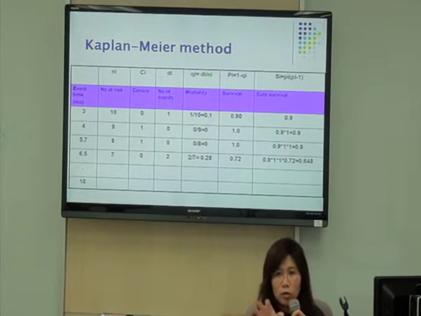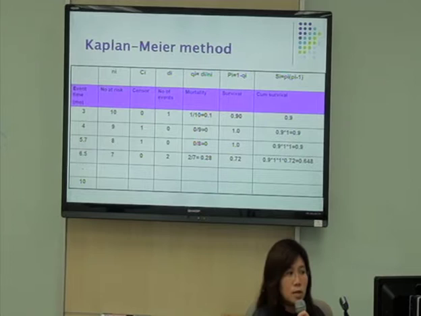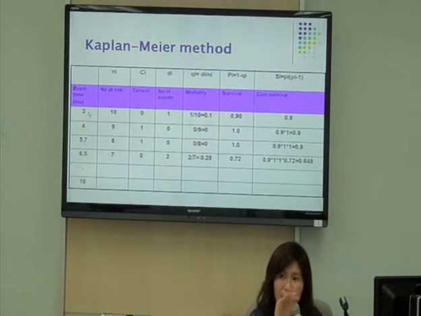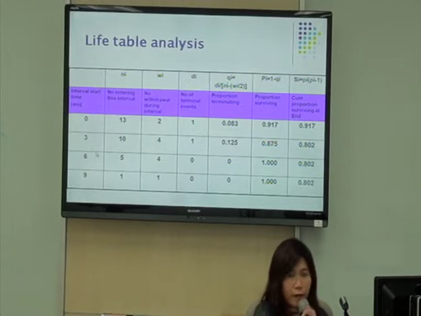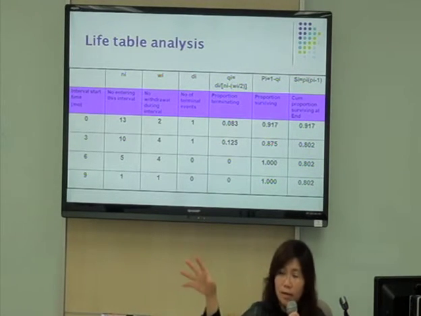No, they did not use the interval to count the number. They use the real event, so they use the time that the event occurred. Compare with this one: this one fixes the interval and counts the events, how many withdraw, how many dead.